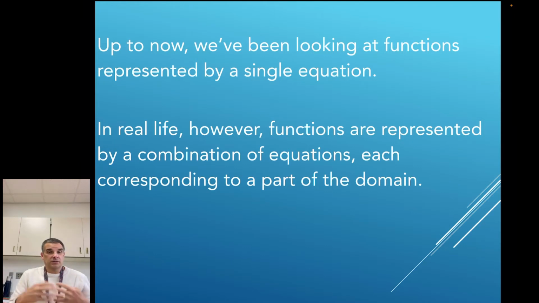When somebody tells you you're in this tax bracket, what happens is everybody pays the same tax rate for the first amount. So you pay maybe 11% until you get to $25,000. And then everything after $25,000 is taxed at a different rate.